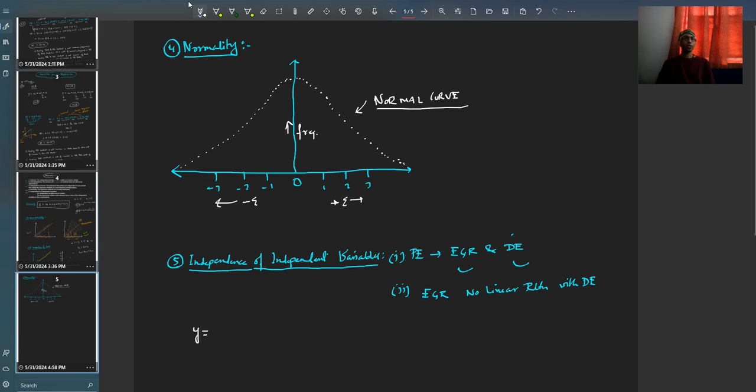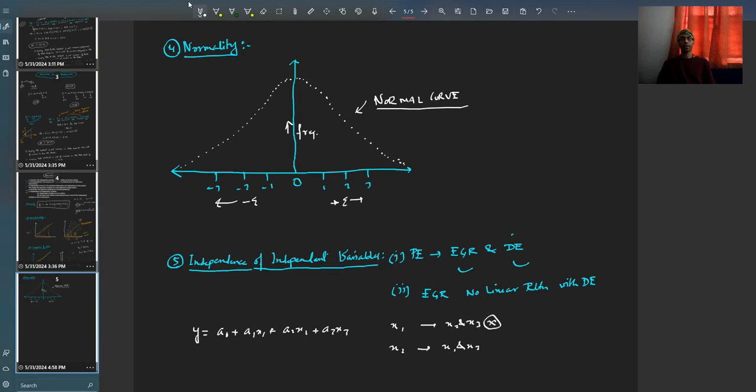Y is equal to A0 plus A1x1 plus A2x2 plus A3x3. Here, there can be no linear relationship between x1 and x2 or x2 and x3 or x1 and x3 or x1 and a combination of x2 and x3 or x2 and a combination of x1 and x3.